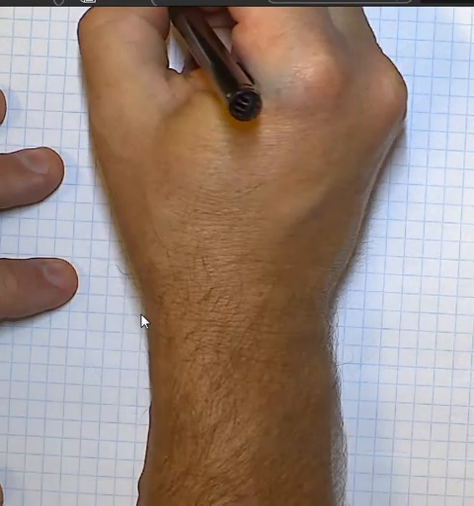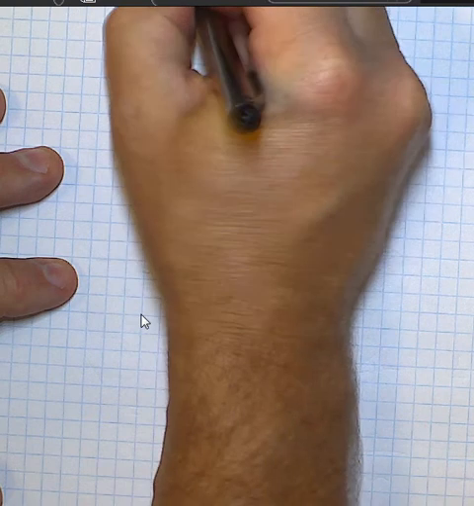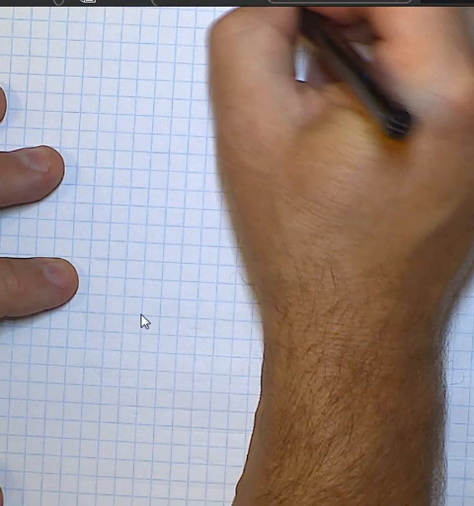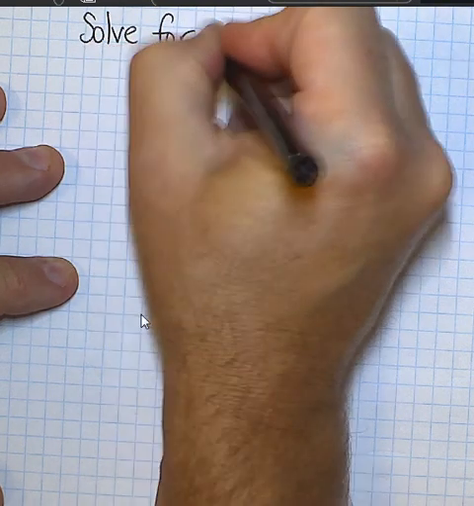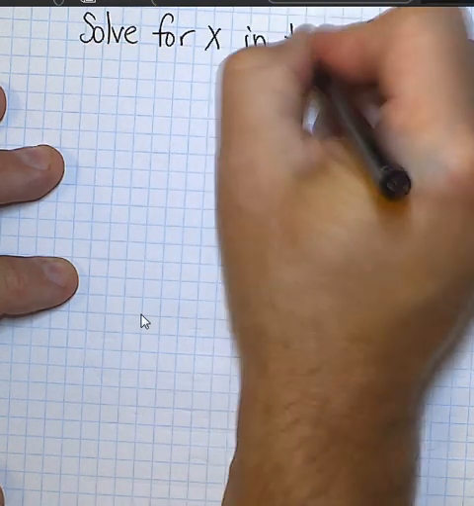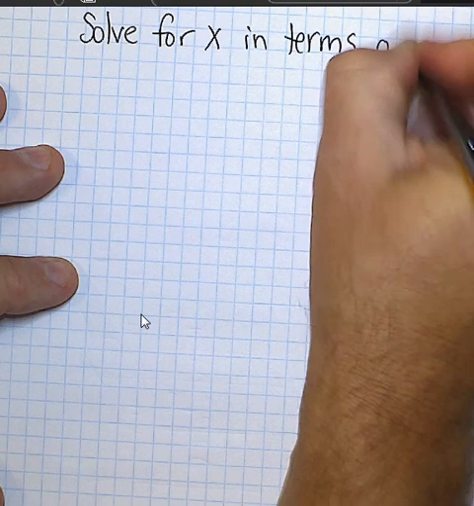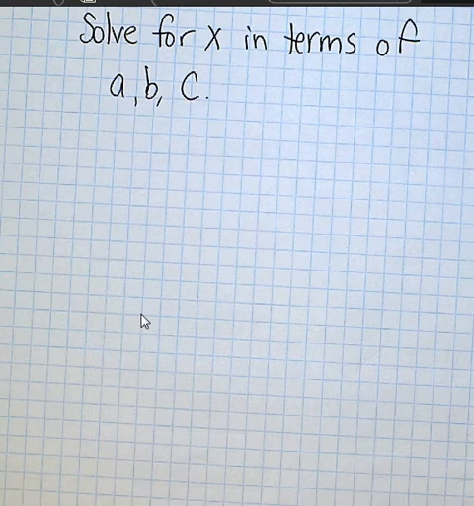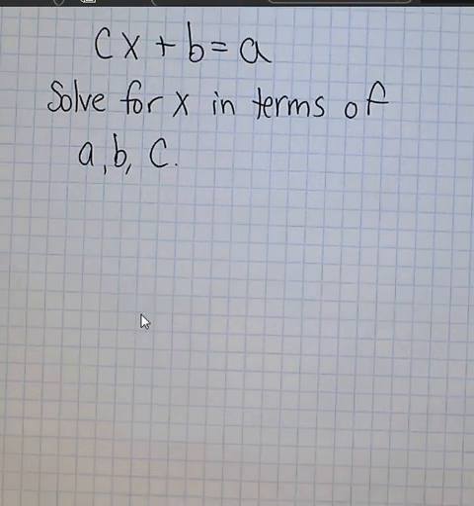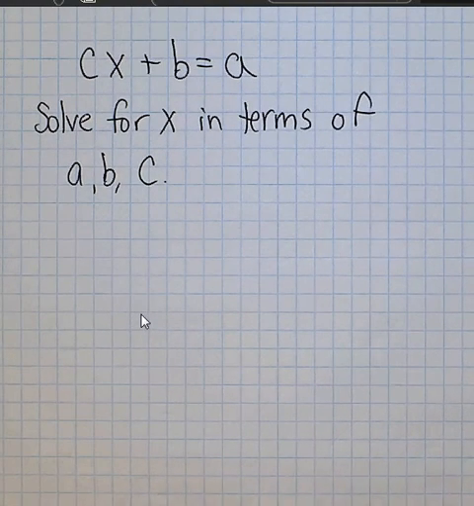cx plus b is equal to a. Solve for x in terms of a, b, and c. Whoops. There we go. Solve for x in terms of a, b, and c.